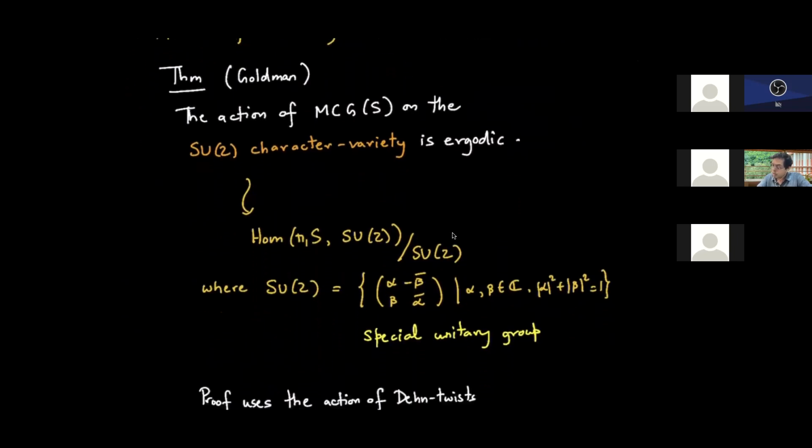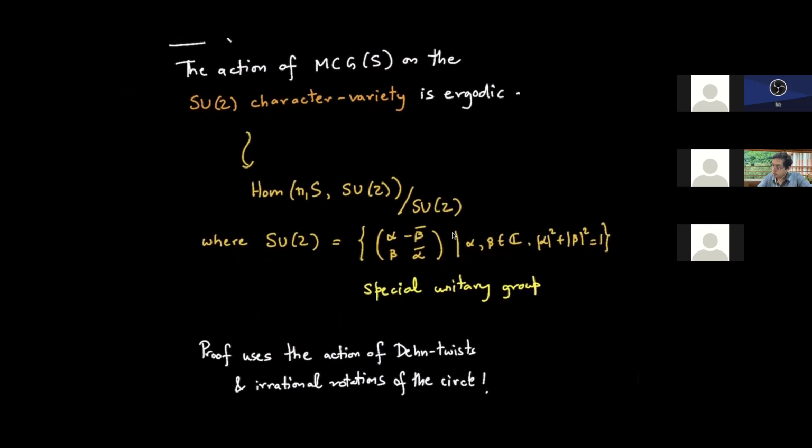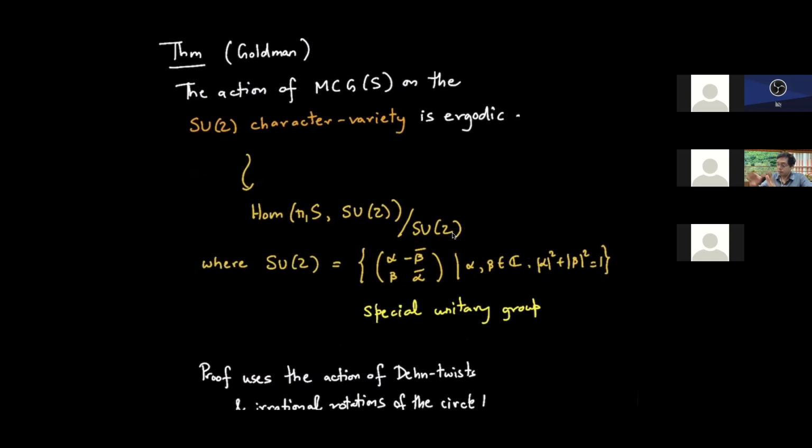The idea of the proof was that there's an action of Dehn twists, which are used along with the basic fact that I mentioned, that irrational rotations on a circle are ergodic. It turns out that almost all of this SU2 character variety has a foliation by circles, and Dehn twists act by irrational rotations on the circle.